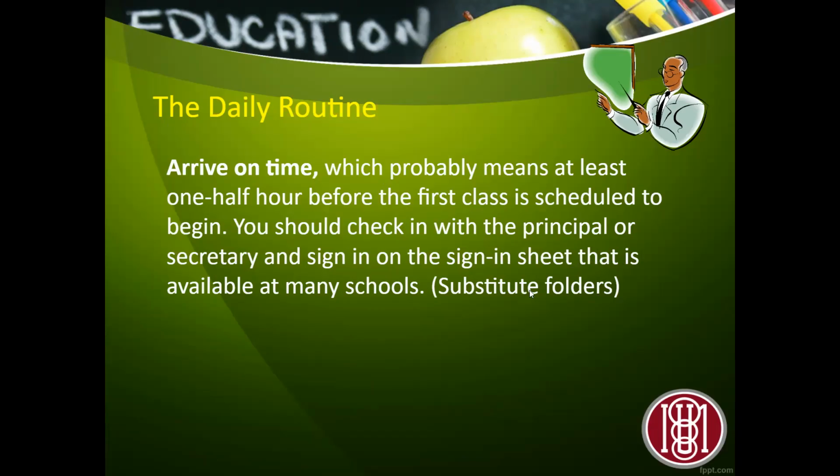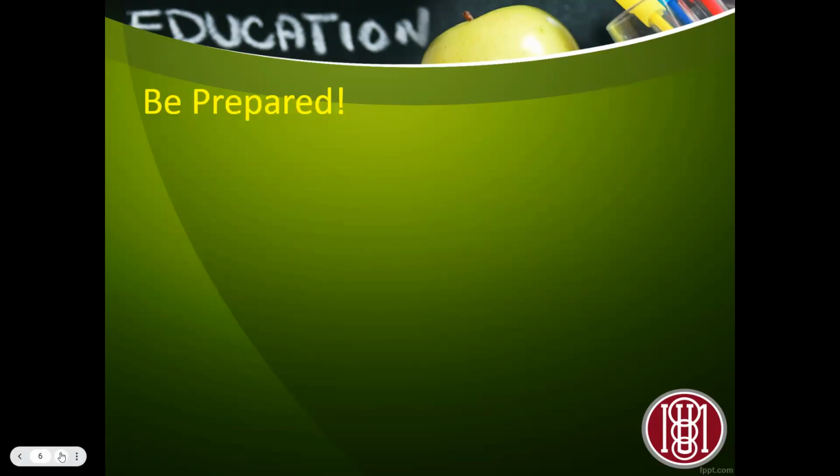A lot of times there will be substitute folders as well. Sometimes what's left is most current by the teacher, and other times there are actually substitute packets that teachers make at the beginning of the year that are interchangeable throughout the year with pre-made lesson plans and resources for you to go off of.